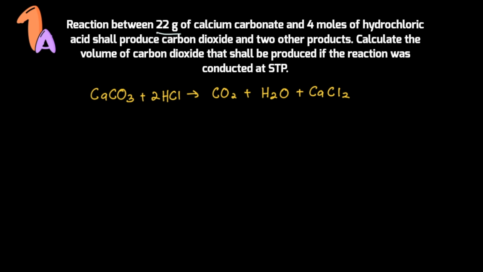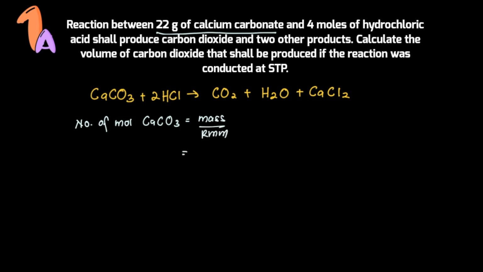Given to you is 22 grams of calcium carbonate. When the mass is given to you, it means that you are able to calculate the number of moles. So the number of moles for your calcium carbonate is equivalent to the mass over RMM.